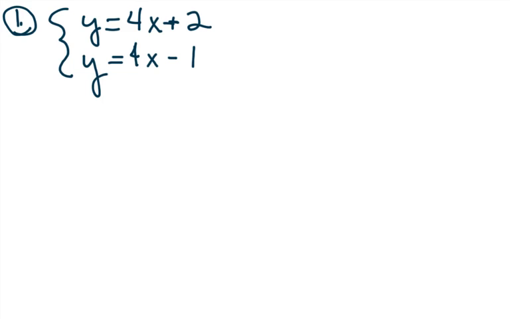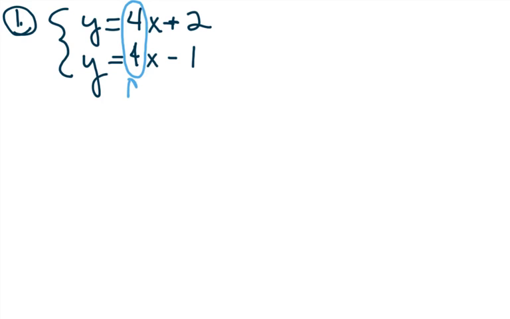So to figure out how many solutions this system has, the first thing we look at is the slope. If the slopes are the same, that narrows it down to either parallel lines that have no solution or one line on top of the other, and that has infinitely many solutions.